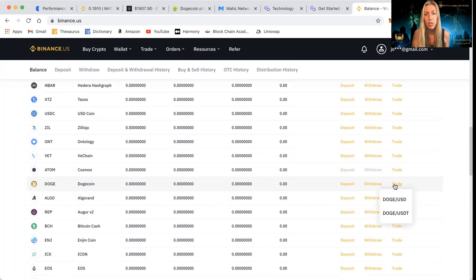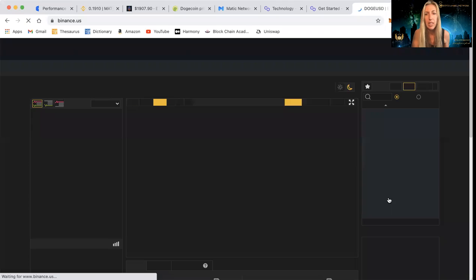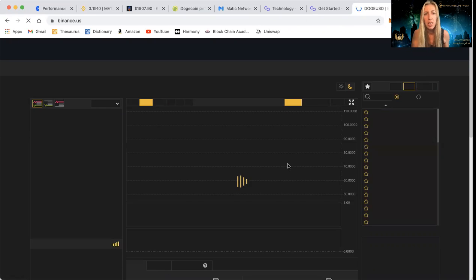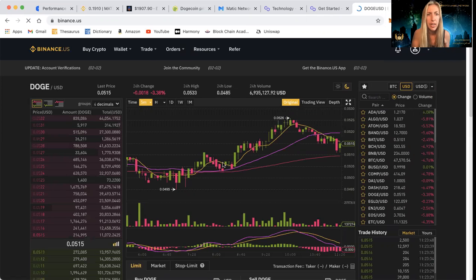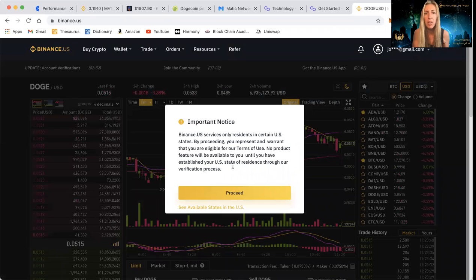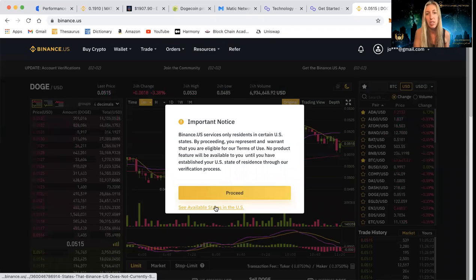Let's go to trade. Doge to US dollar. Let me see if I have Doge there. And this is something I wanted to see as well, because some of you are asking about Binance US, and it only works with certain US states.